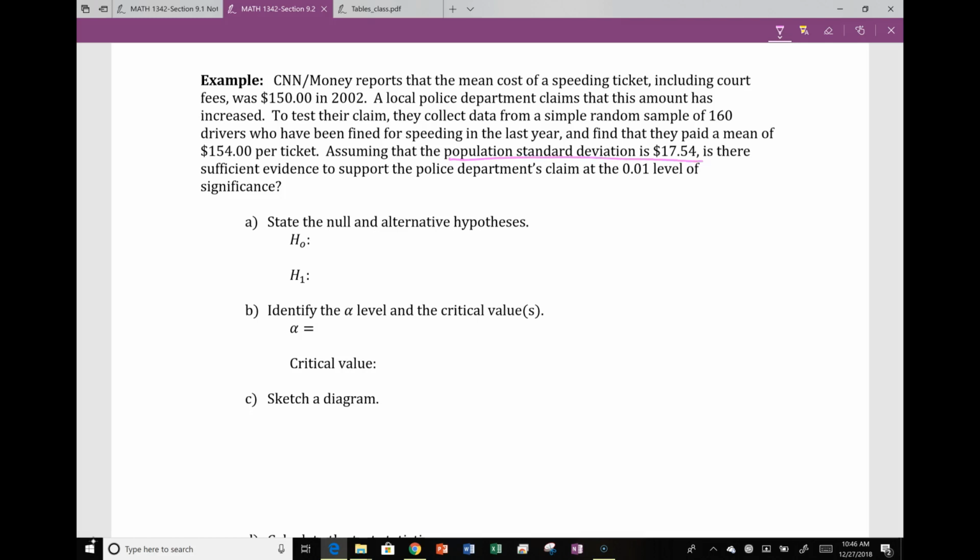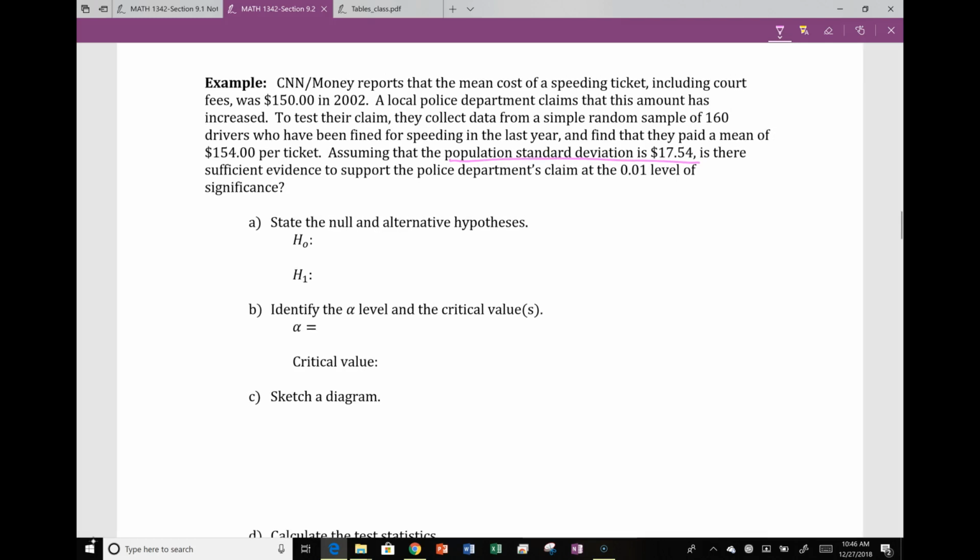Now, let's go back and look at some key points here. Population standard deviation. So we know the population standard deviation, so we're going to be using a Z test. That is our sigma, 17.54. The 0.01 level of significance, that is your alpha, 0.01. Simple random sample of 160, that is your n. Mean price of $154 per ticket.